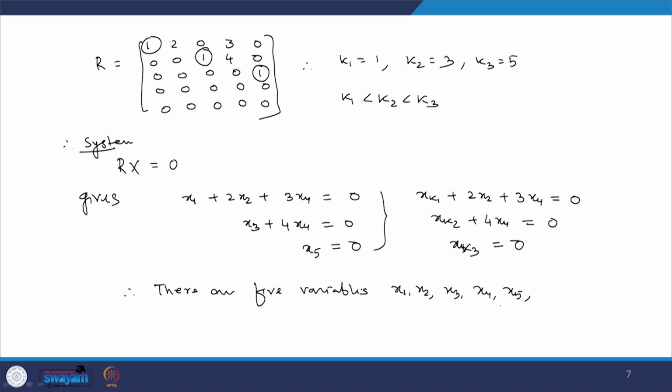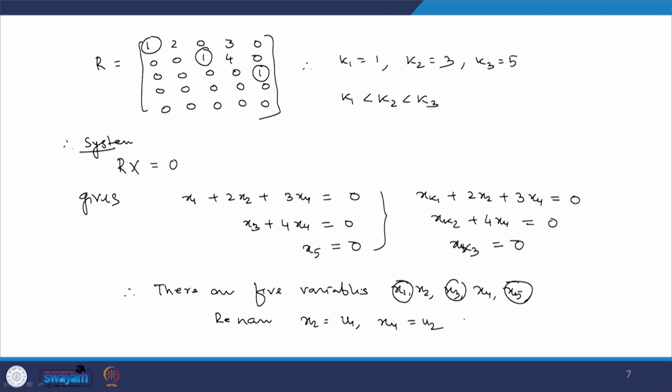Now, I see that xk1, xk2, xk3 we can express explicitly as a function of the rest of the variables. If I consider these 3 variables in one set and the others in another set, then I can rename, say, x2 equal to u1 and x4 equal to u2.